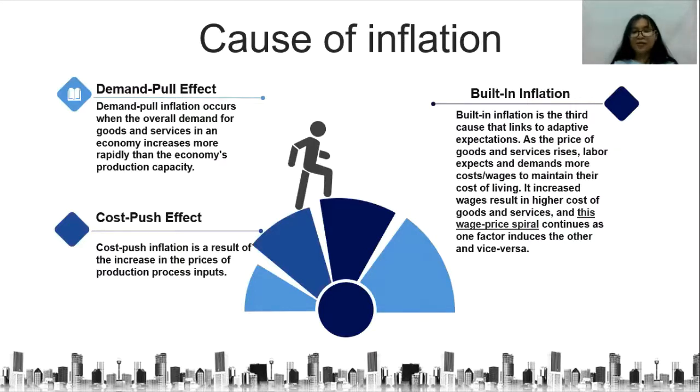This increased wage results in higher cost of goods and services, and this wage price spiral continues as one factor induces the other and vice versa.